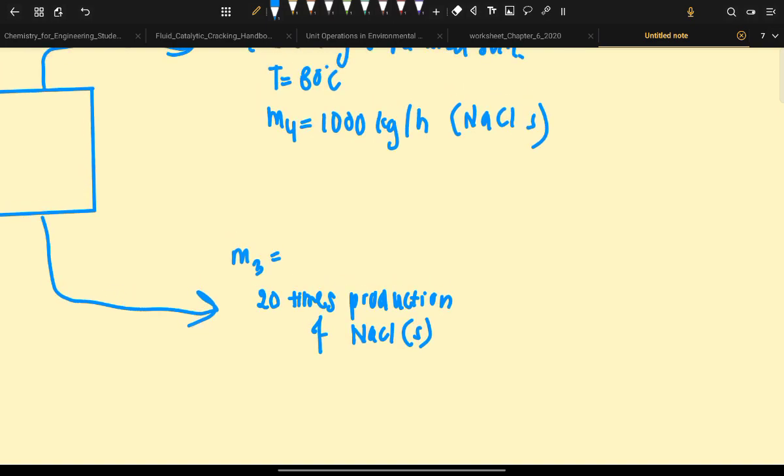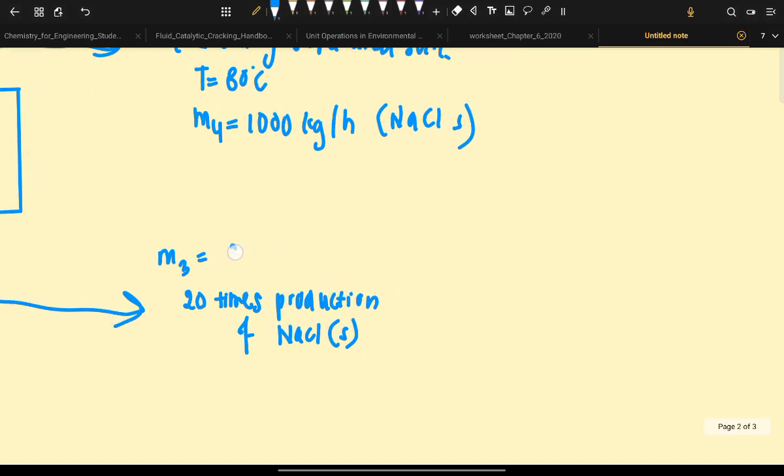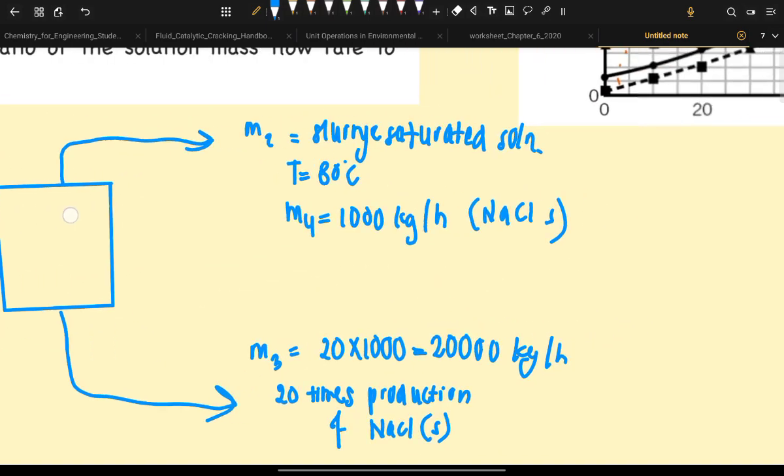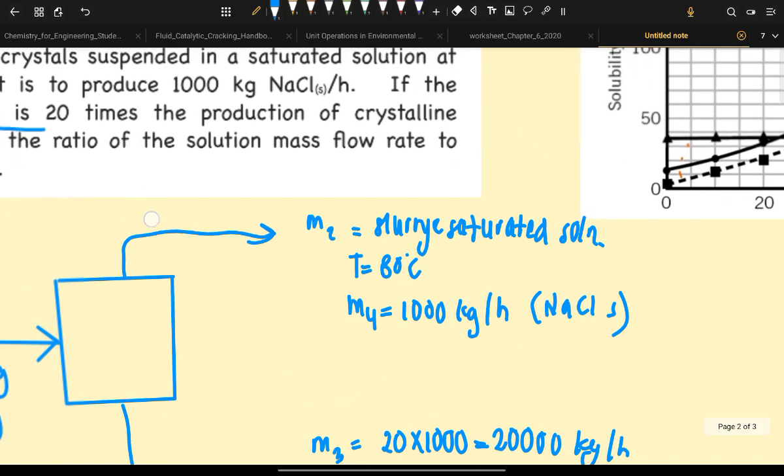And we can know that 20 times 1000 gives us 20,000 kilogram per hour. So this is our M3.